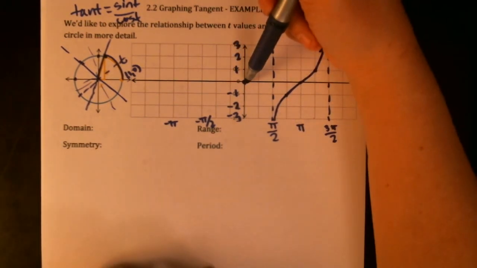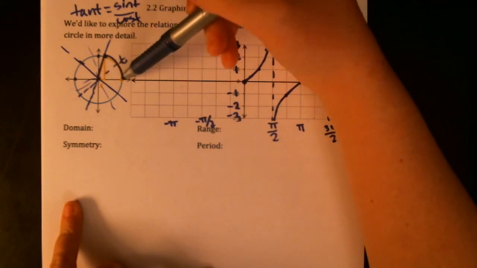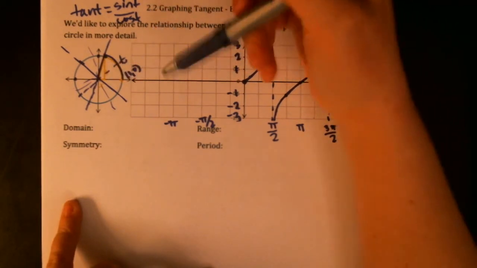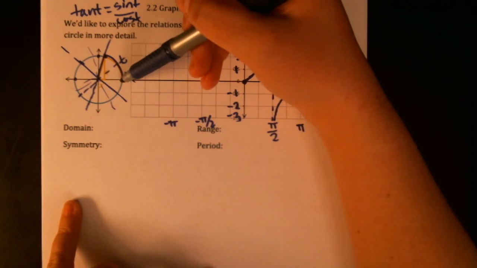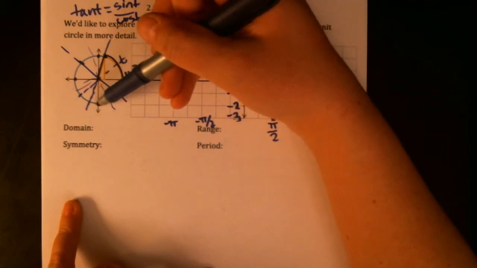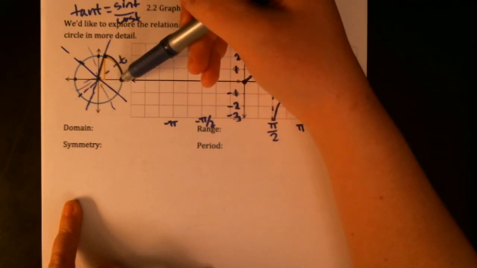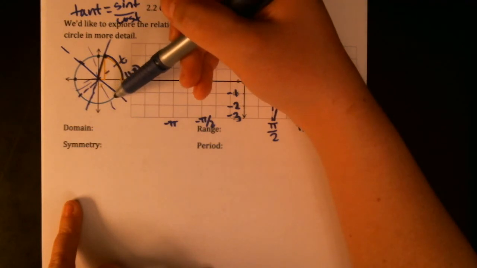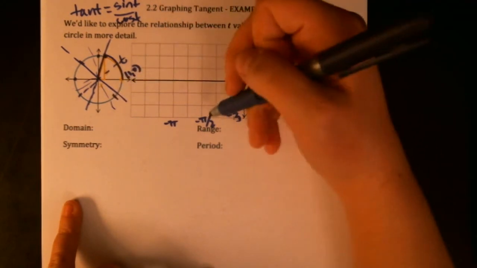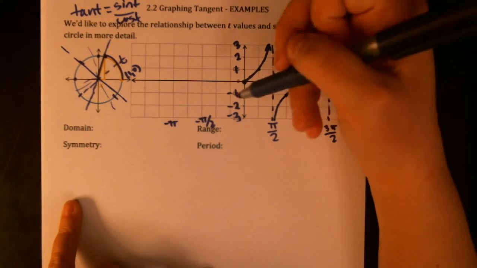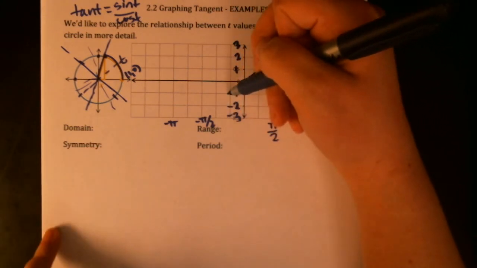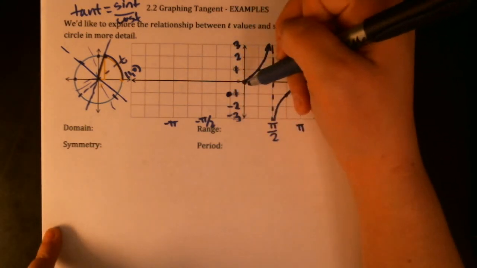We could even work our way backwards to complete another little chunk of the graph. If we watch our point move from t equals 0 to t equals negative pi over 2, our slopes move from 0 to small negative to negative 1. Negative pi over 4, negative 1.